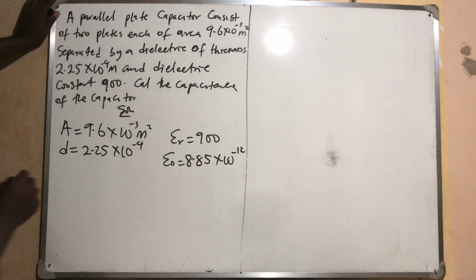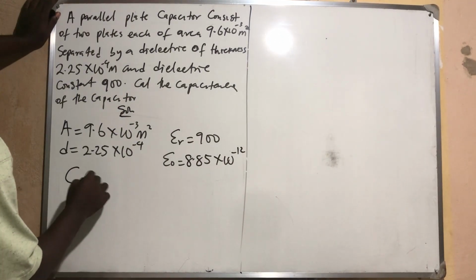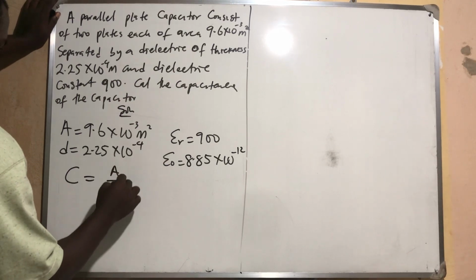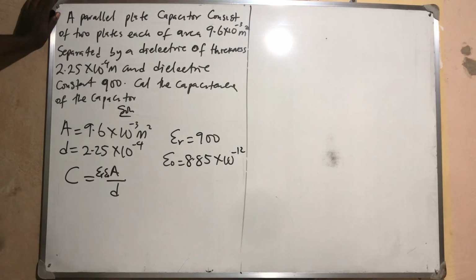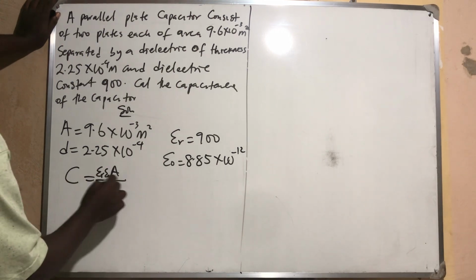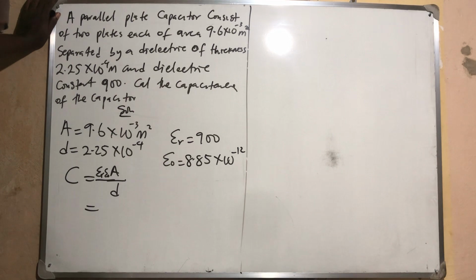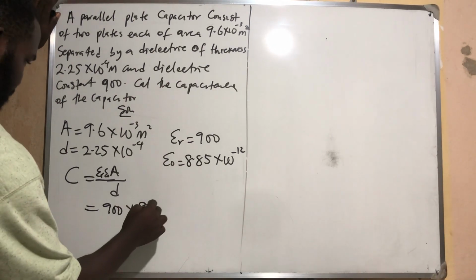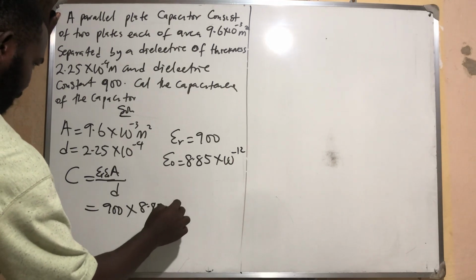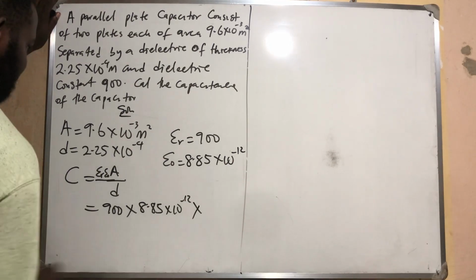So what do we have? You will now have that C is directly proportional to A and inversely proportional to D, where you have your ER and E naught. So that's how I used to remember this formula. So what do I have? I will now have that my ER is 900 times my E naught is 8.85 times 10 raised to power minus 12. Then times my area.